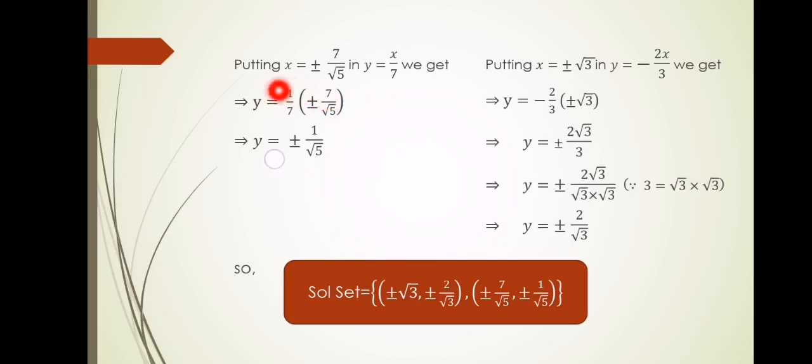That is, first we found out the value of y as y is equal to x by 7 and the value of x which we just obtained was plus minus 7 by root 5. So we will have to deal with these two equations only in this case. That is, we are going to put this value of x in this equation only and we will have to put this value of x in this equation only. So we will get the values of y in this way.